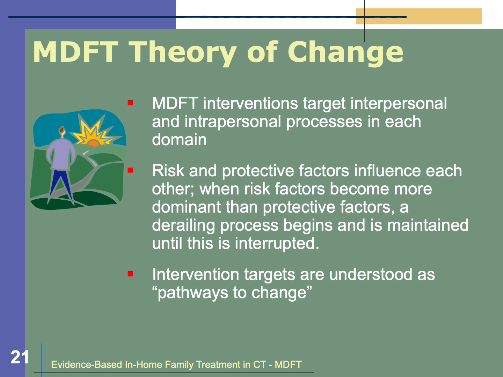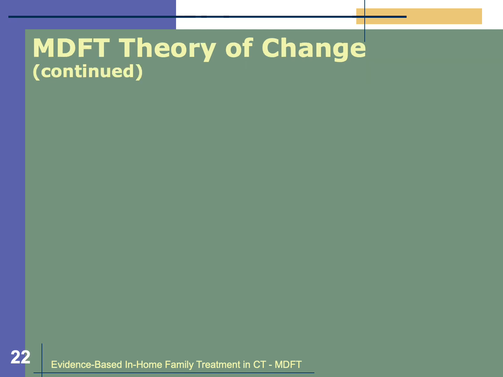And basically, you look at the intervention target, what you're trying to change, as a pathway. So by providing access to pro-social activities, that is a pathway for them to change. It doesn't mean they're exactly going to change, but it's the mechanism that you're going to use to change.